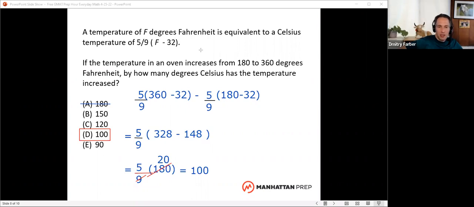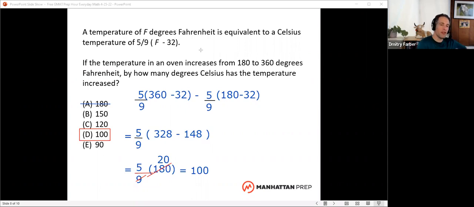If you actually do the subtraction of 328 and try to take 1/9 of it, you're going to find that 9 does not go in, right? 9 goes into 270. It goes into, therefore, 315, which is 270 plus 45. It would then go into 324, but not into 328.